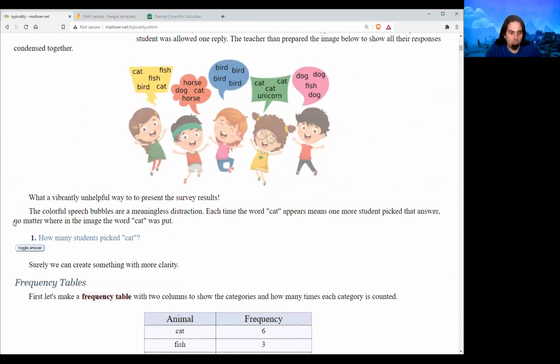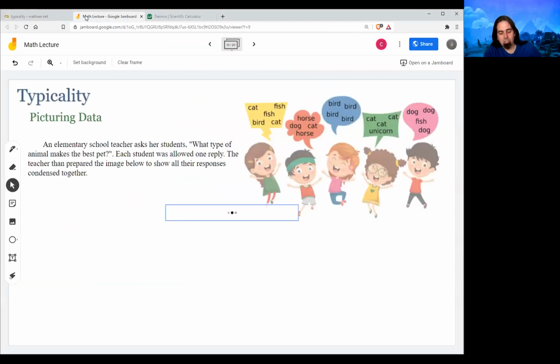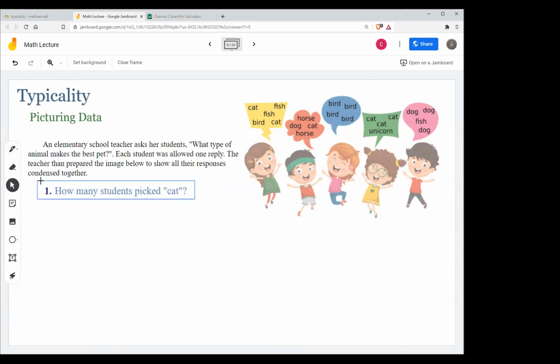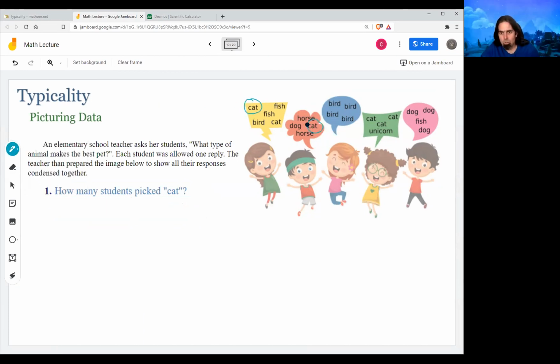If I want to say how many students picked cat, then that's hard on my eyes, but we can do it. How many students picked cat? 3. 3, let's see. 1, 2, 3, 4, 5.